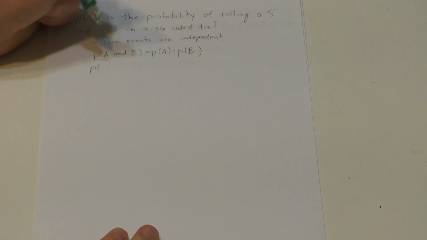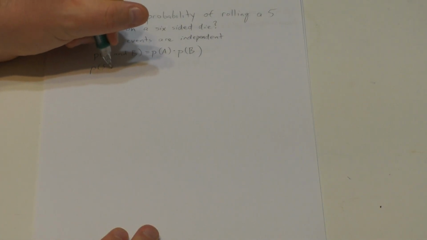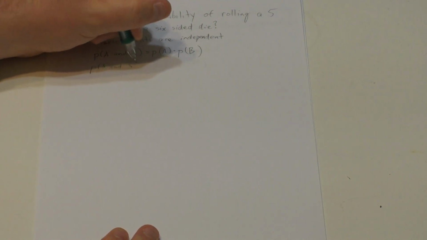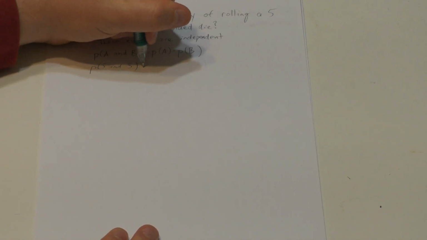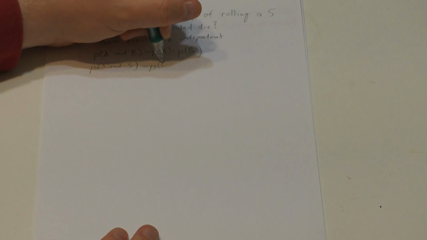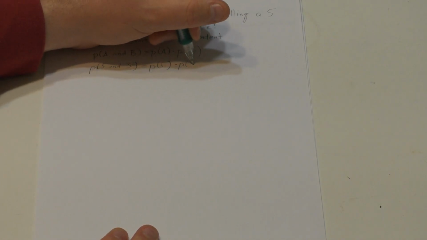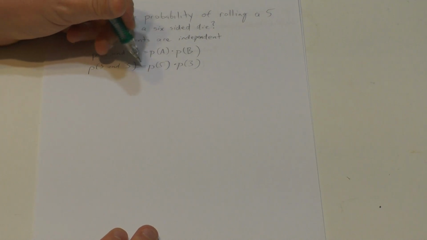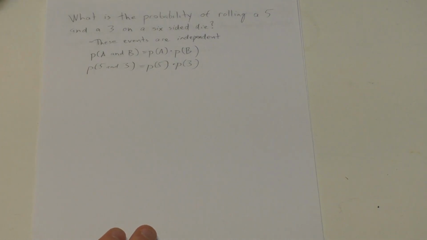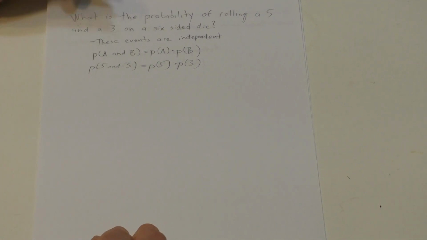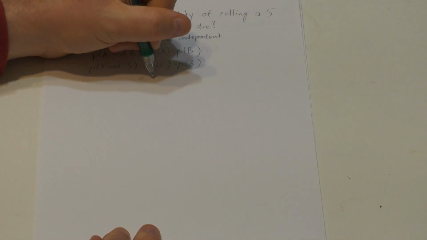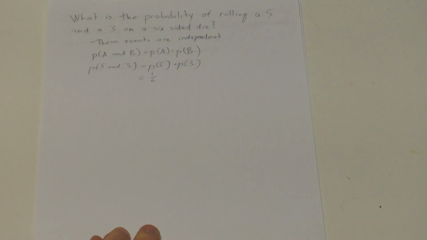So I'm going to take the probability of a 5 and a 3. That means I need to take the probability of rolling a 5 times the probability of rolling a 3. I might want to write "rolling a 5 and rolling a 3," but I think this gets the idea across. On a 6-sided die, the probability of rolling a 5 is one side that's a 5 out of 6 sides.